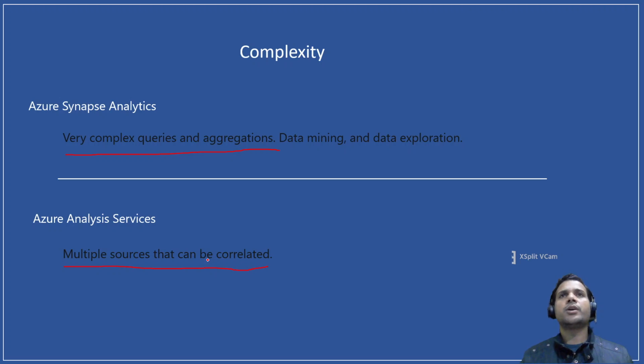So if you have a huge volume of data and you want to run aggregation and do everything on a single platform, then you should go with Azure Synapse Analytics. However, if you have a smaller data set and already have a model created, and your target is only to put together reports and run some analysis, then you should go with Analysis Services.